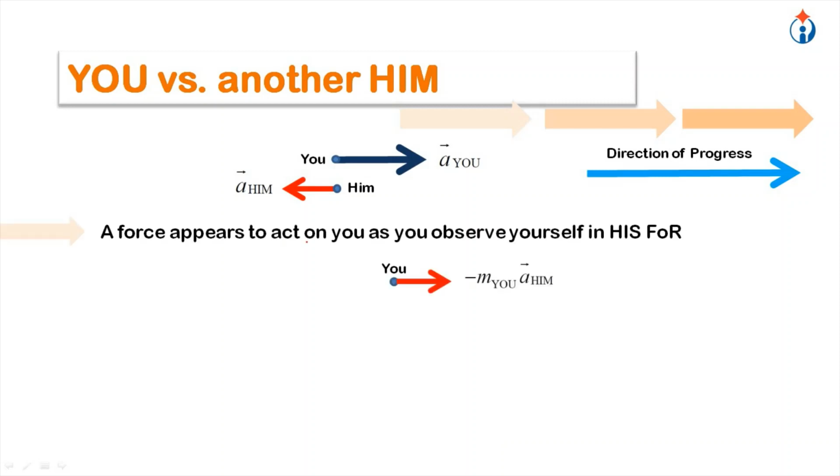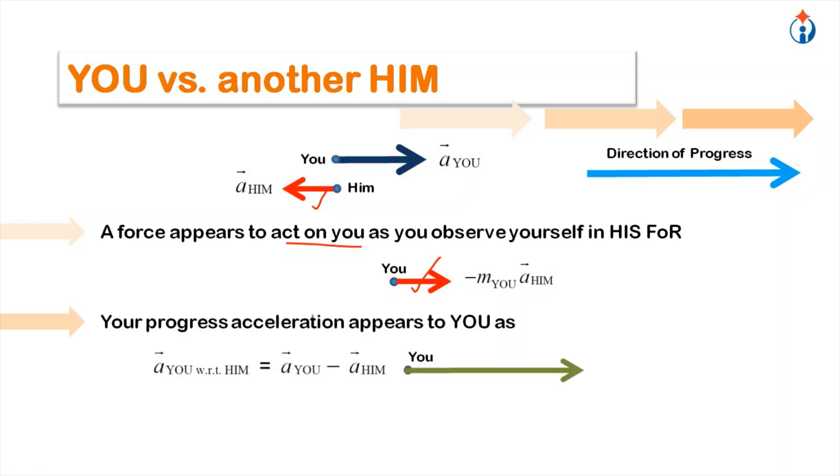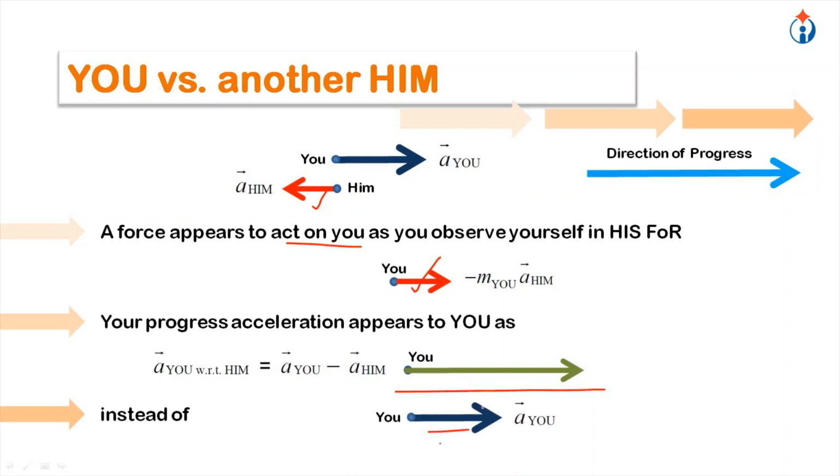A force appears to act on you as you observe with respect to him. Now acceleration of him in this direction, so apparent pseudo force on you. And your progress acceleration appears to you like this instead of this much. So this was your real, and this much is your apparent.